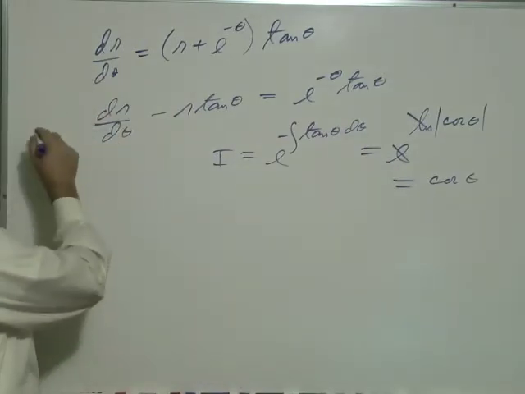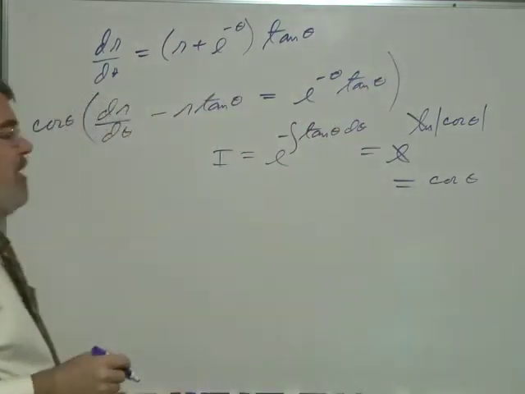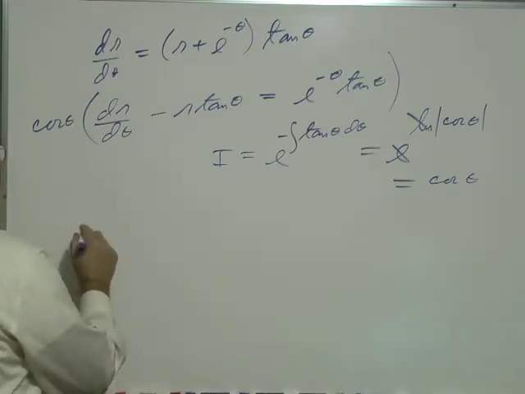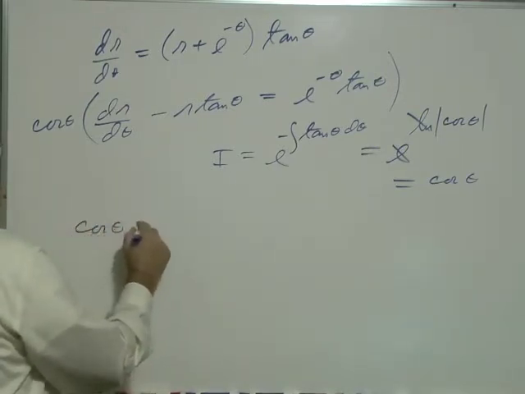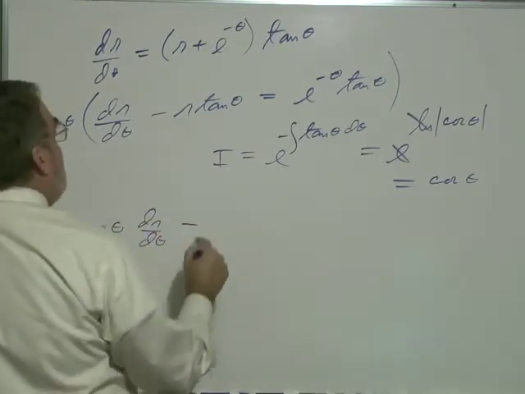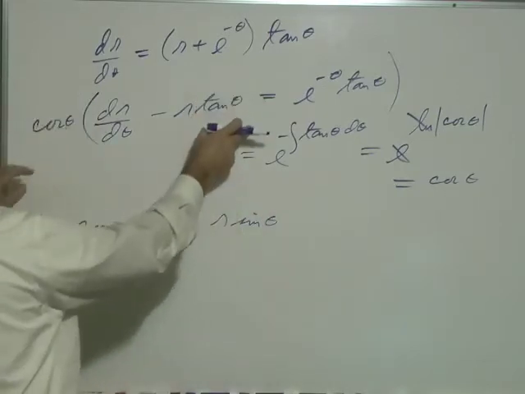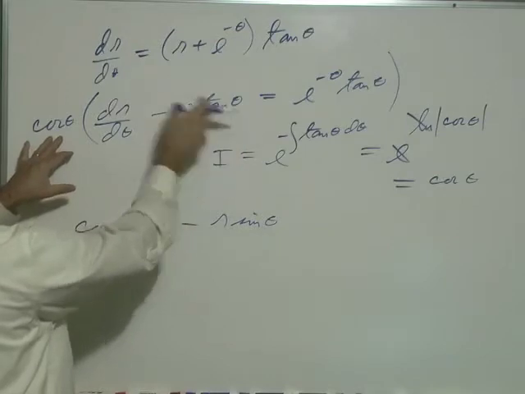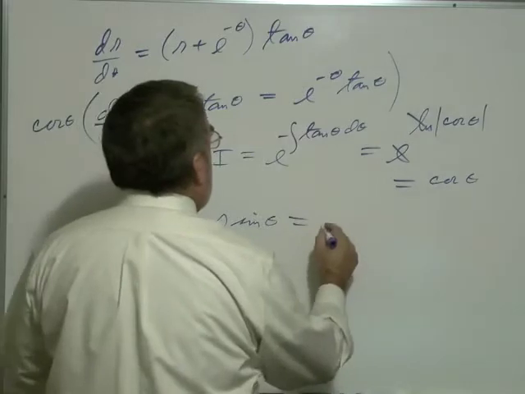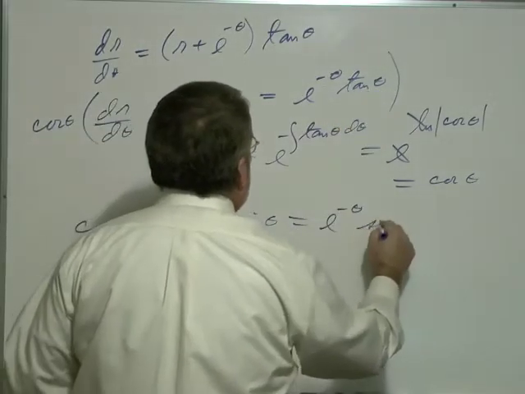So I need to multiply this whole equation by cosine, and let's see what happens. We have cosine theta dr/dθ minus r sine theta, because tangent is sine over cosine, so when I multiply by cosine, the cosine cancels, leaving sine. And over here I've got e to the negative theta, same thing, cosine cancels, leaving sine theta.